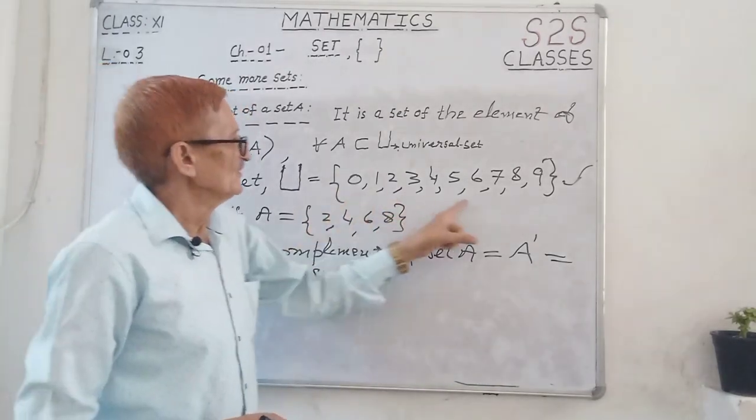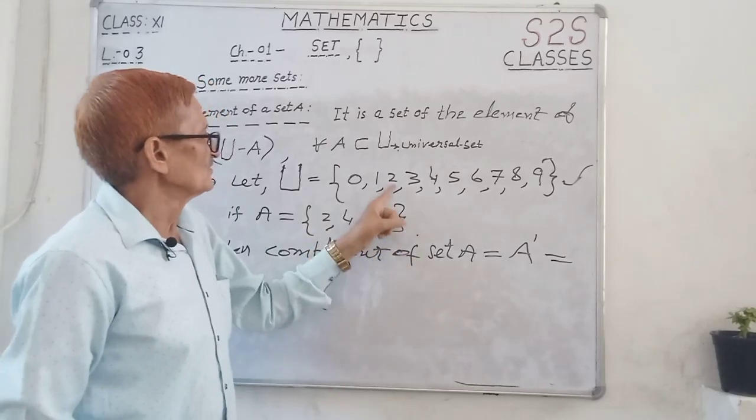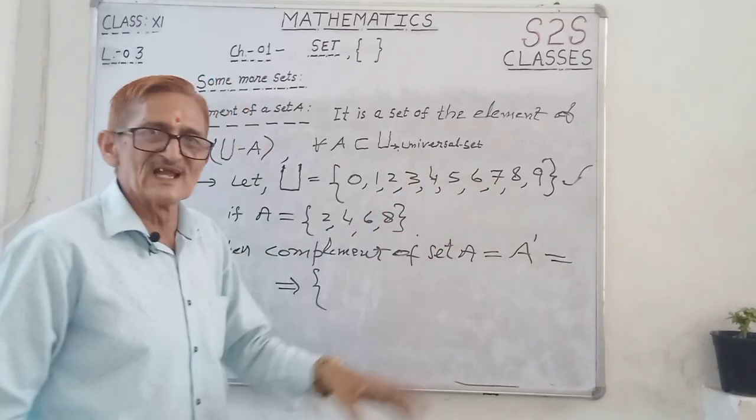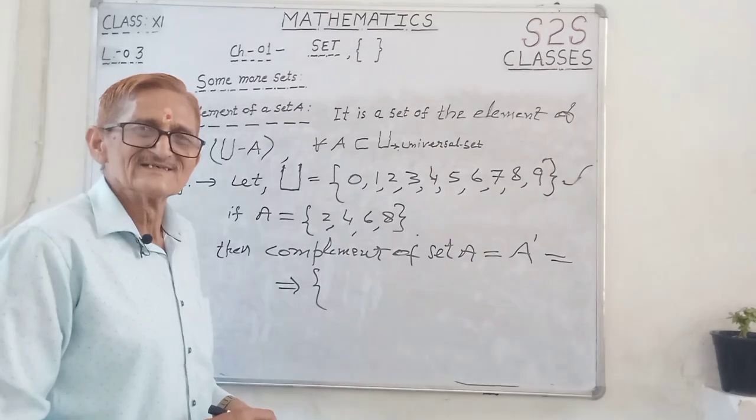In U, what is A? 2, 4, 6, 8. So 2, 4, 6, 8 cancel out, deleted, removed.